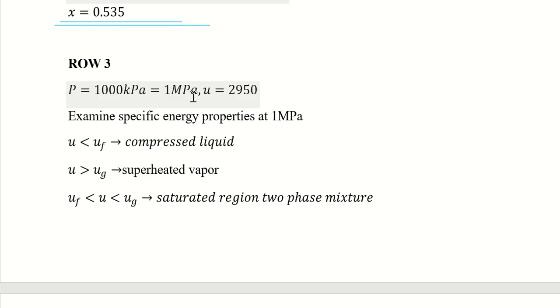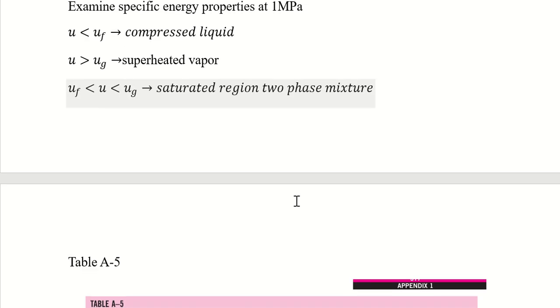What you have to do is examine this property at this pressure. Once the internal energy is lower than that of the liquid phase, you have compressed liquid. Once it's greater than that of the vapor phase, you have a superheated vapor. Once it lies in between, you have a region within the two-phase mixture.